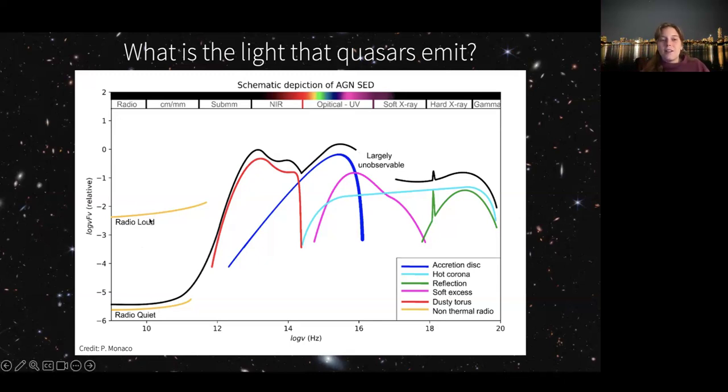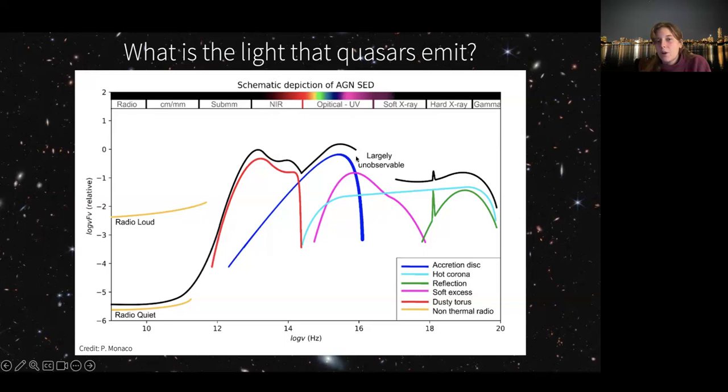So you could have more or less radio emission, which would not be isotropic in general, because we think it's a lot of energy directed in a specific way with a certain opening angle.